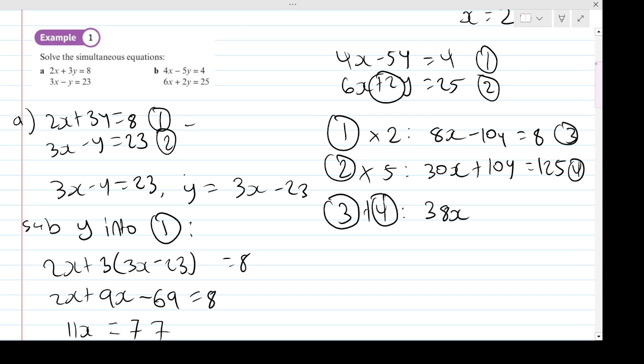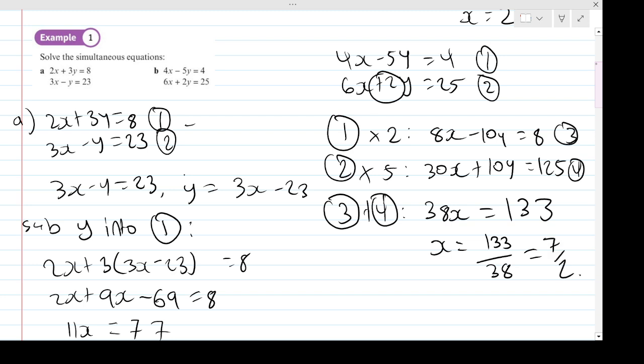Then the y's cancel, so it's just 38x is 8 add 125, which should be 133. Okay, but then x is just simply 133 over 38, which should be 7 over 2. Cool. So that's the value of x.